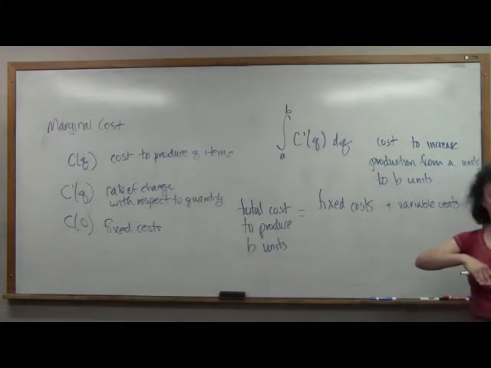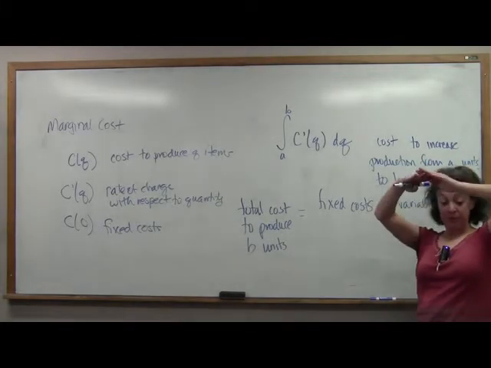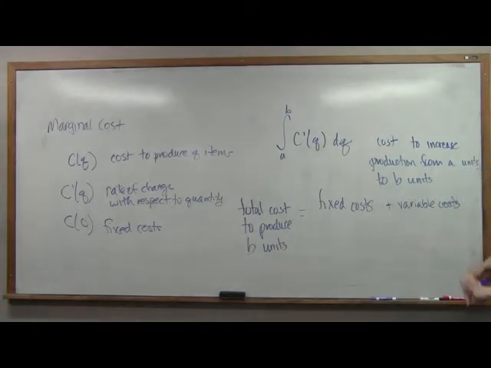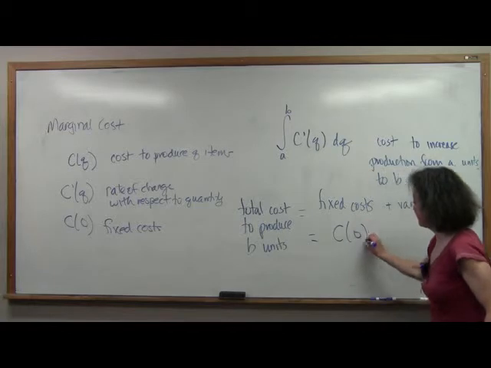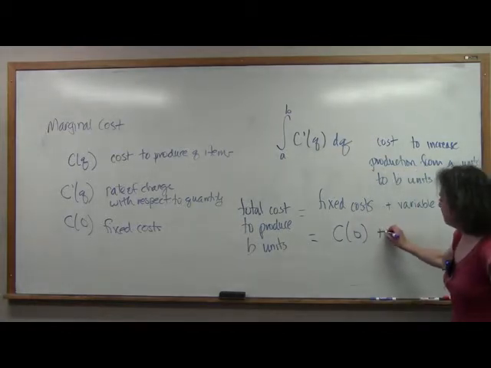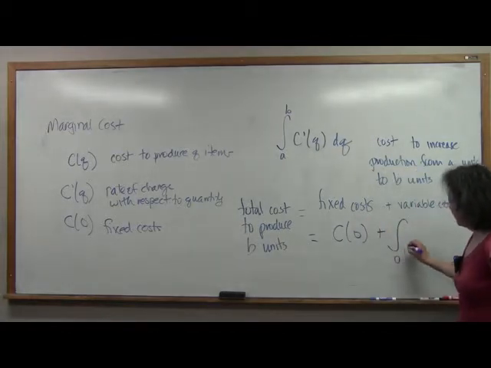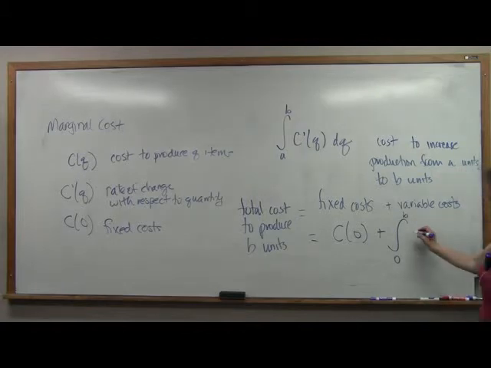Okay? In other words, the cost to go from making 0 units to B units. And where do we get that? Well, our fixed costs are C of 0, and the variable cost is the definite integral from 0 to B of our marginal cost function.